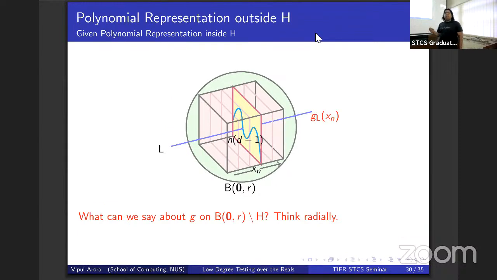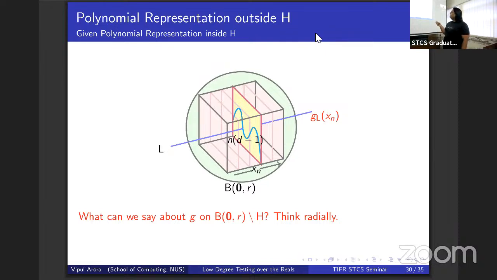What can we say about G outside the pink region? Specifically, B(0,R) minus H, the green region. So you take a radial line, it intersects with H non-trivially, and if you're over the reals, there are sufficiently many points on the intersection in the green region as well as the pink region. So whatever degree D n-variate representation was in the pink region would be carried over to the green region as well.